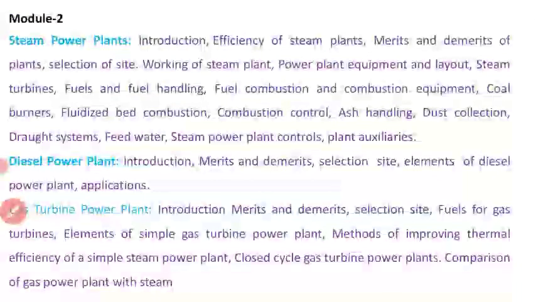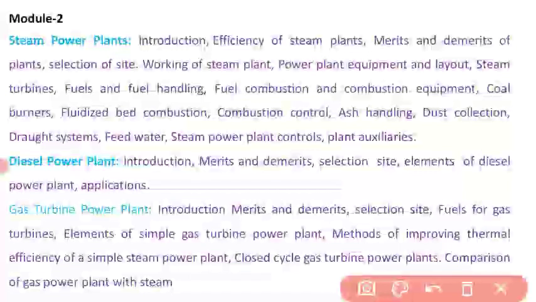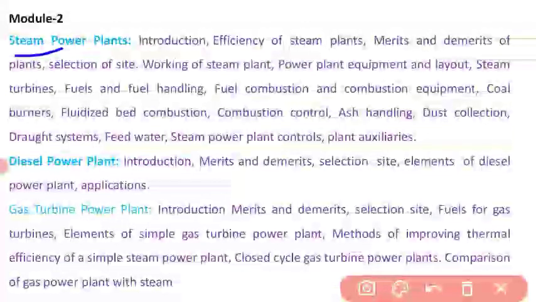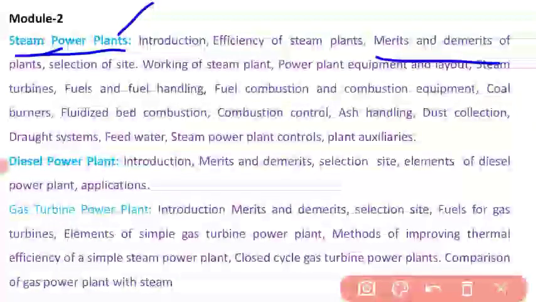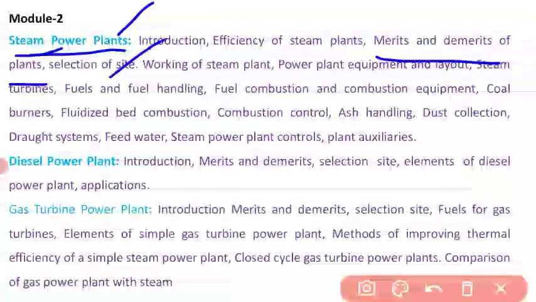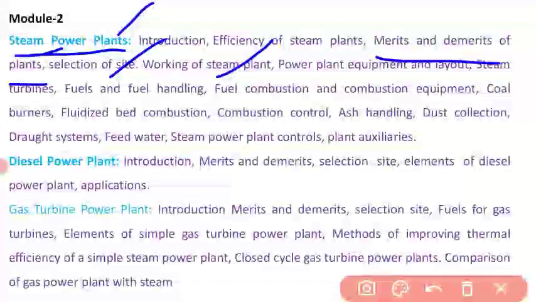Let us overview module 2. Module 2 is steam power plant. Steam power plant is nothing but the thermal power plant. Here also we are going to study the merits and demerits, selection of site, and working of the steam plant.